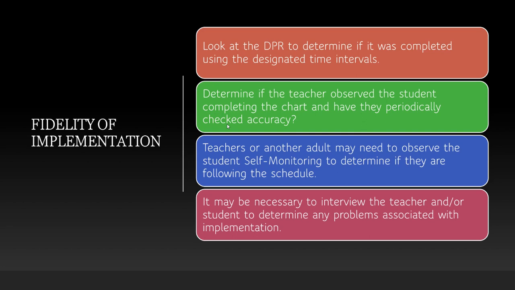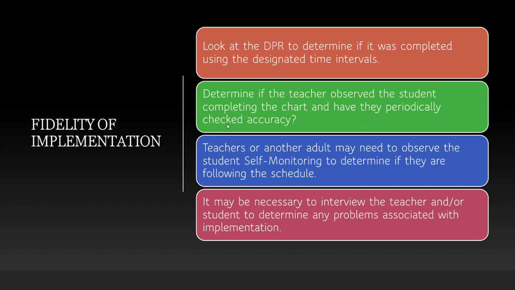Some things we can do is look at the daily progress report to determine if it was completed using those designated time intervals, making sure the student understands how to complete the report. We determine if the teacher observed the student completing the chart and has been monitoring and checking for accuracy, so we're looking to see that the teacher is facilitating and supporting completion of the report.